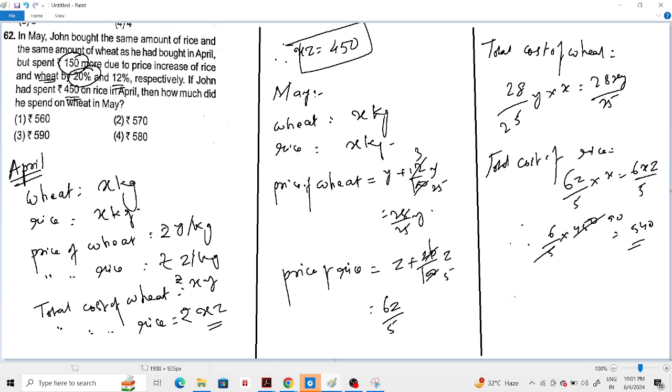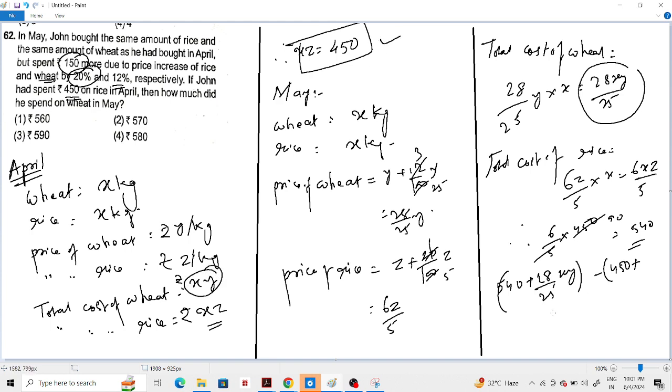So what is the total final price? 540 plus 28 by 25 xy, right? This is the total price. Okay, minus what was the initial investment? So that is 450. 450 plus xy, that is equals to 150.